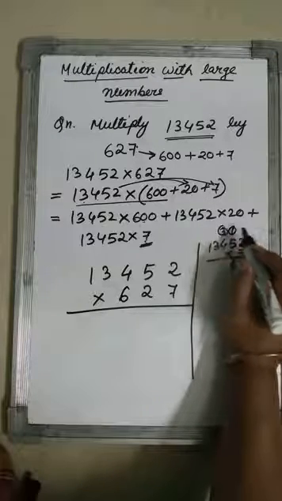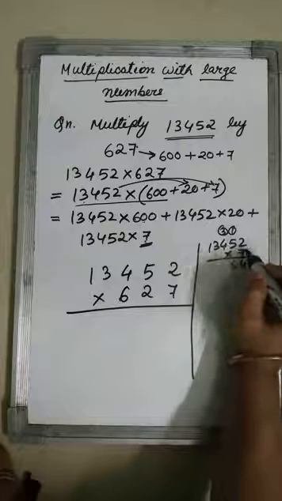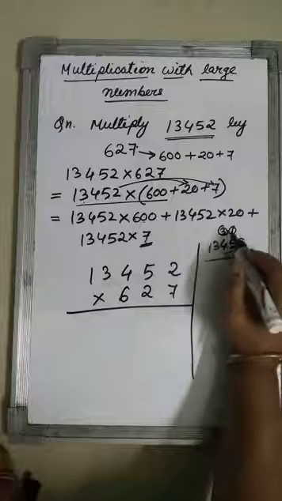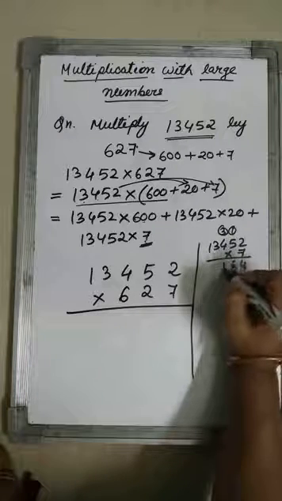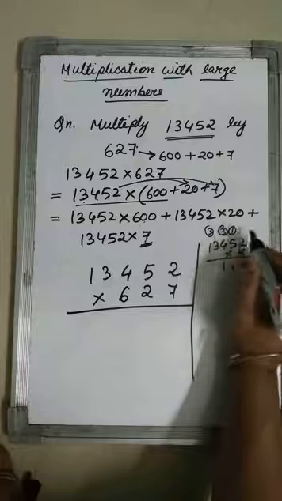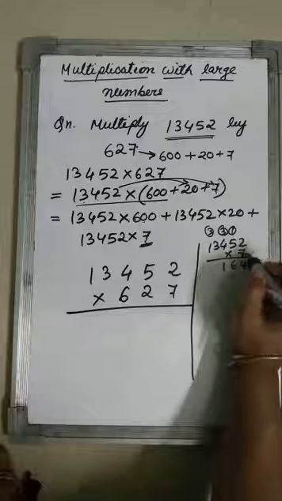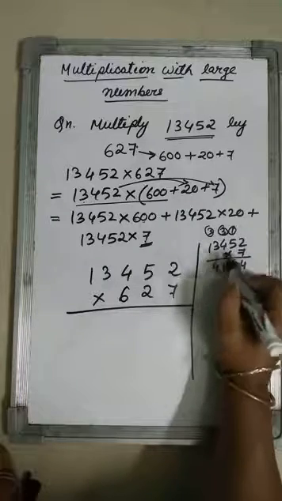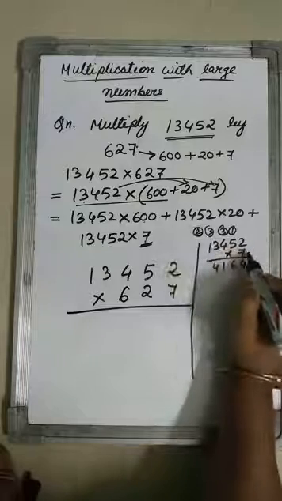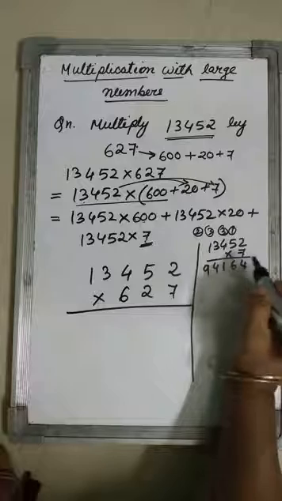So 3 will be the carry. 7 into 4 is 28 plus 3, that is 31. Again 3. 7 into 3 is 21 plus 3, 24. 2 will be the carry. 7 into 1 is 7 plus 2, 9.